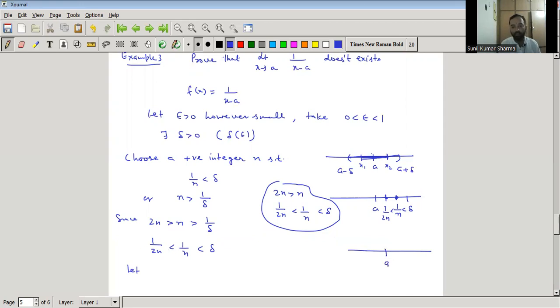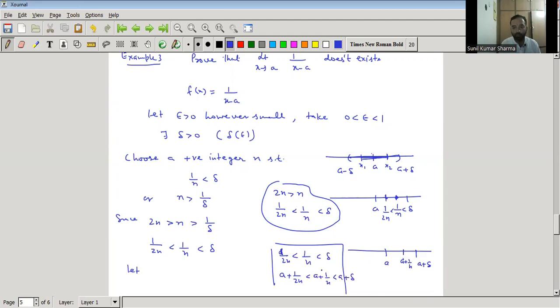So if I take a plus 1 upon n, this is less than a plus delta, because we know that 1 upon 2n is less than 1 upon n is less than delta. If we add a to any real number, then a plus 1 upon 2n is less than a plus 1 upon n is less than a plus delta.